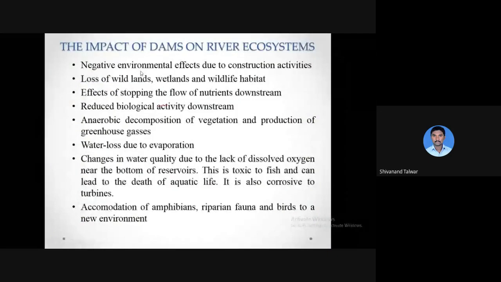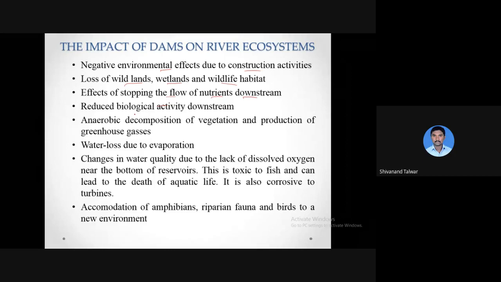What are the impacts of dams on river ecosystem? There will be negative environmental effects due to construction activities. Since the dam will come, there will be more constructions. Then there will be the loss of wild lands, wetlands, and wildlife habitat. Then there will be the effects of stopping of flow of nutrients in the downstream.